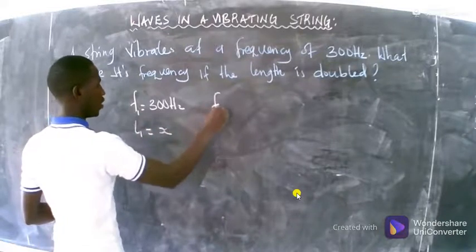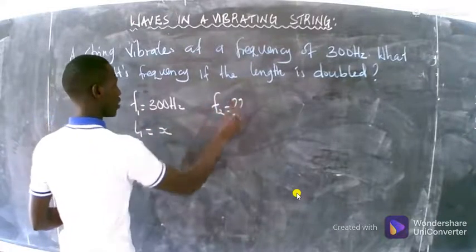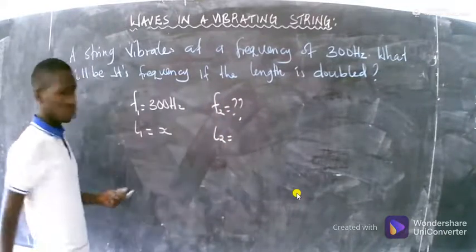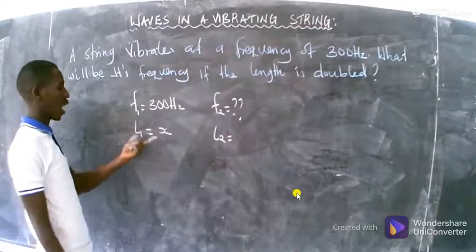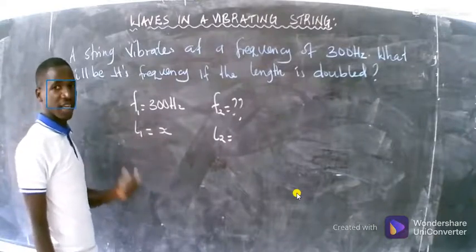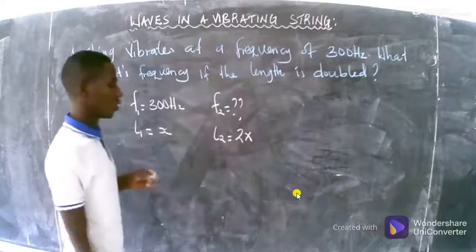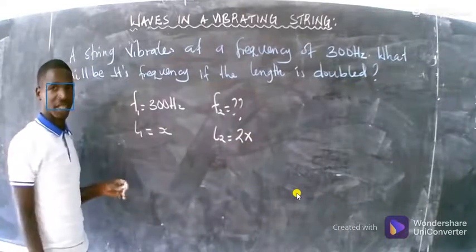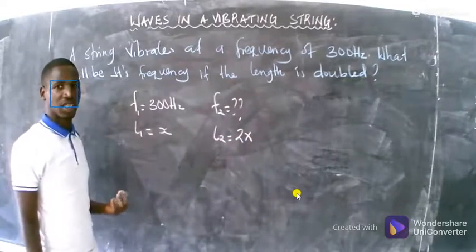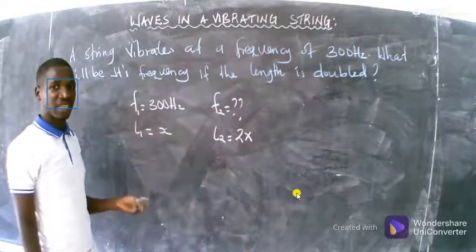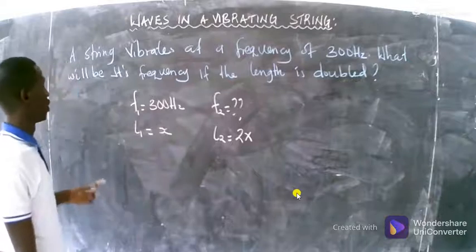What will be the new frequency if the length is doubled? If initially the length was x, then this time round our length is going to be 2x. Remember, it can be tripled, or increased like 4 times, 5 times, so you multiply by that.